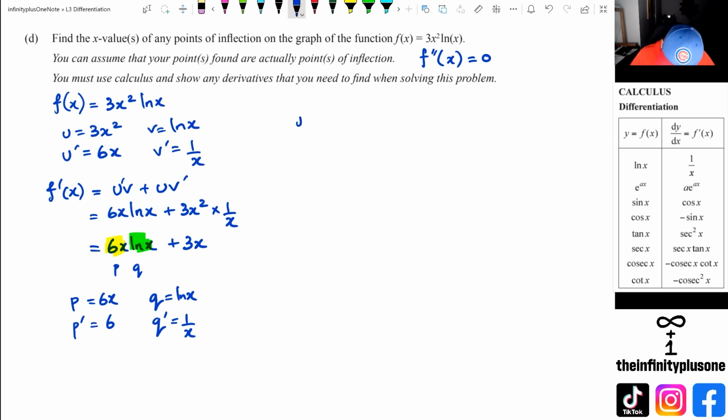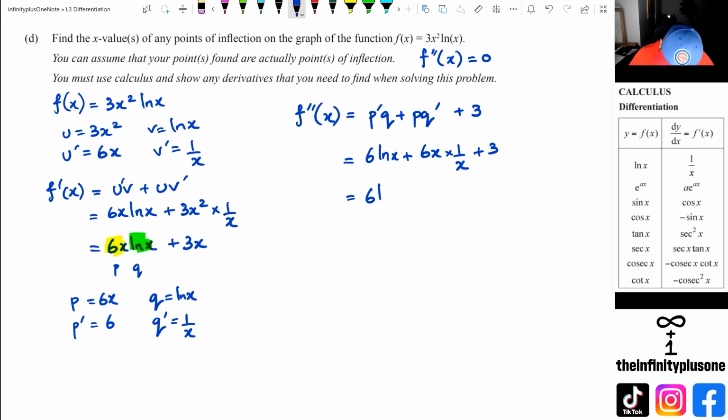And the reason I did that was because when I differentiated for a second time, that product rule PQ is going to be written as P dash Q plus PQ dash, and then 3x just differentiates to 3. I'm going to leave that out as it is. So now P dash is equal to 6, Q is equal to ln of x, plus P is 6x, Q dash is 1 over x, plus 3.